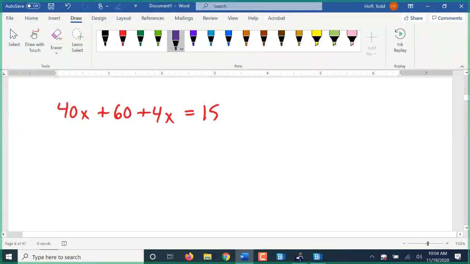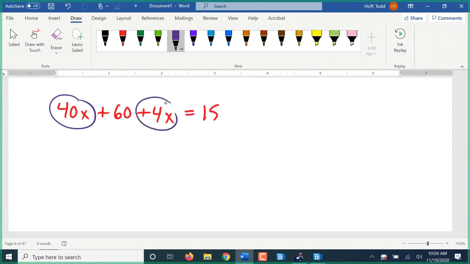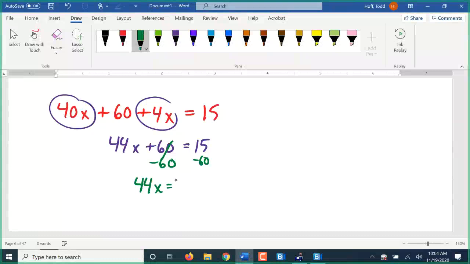We're going to combine what we can on each side. 40x and 4x is 44x plus 60 equals 15. And now we can start to solve. We'll subtract 60. 44x equals a negative 45. And we'll divide by 44.